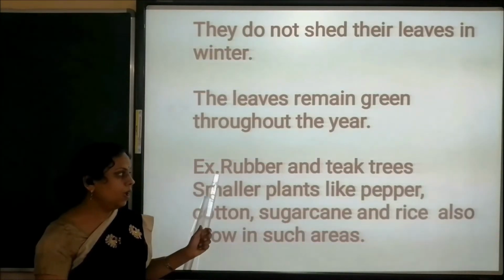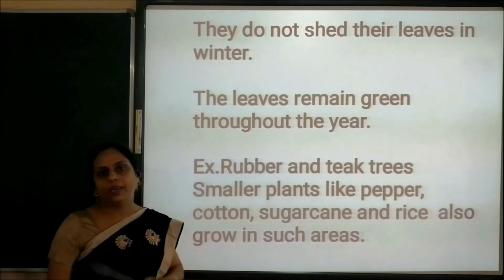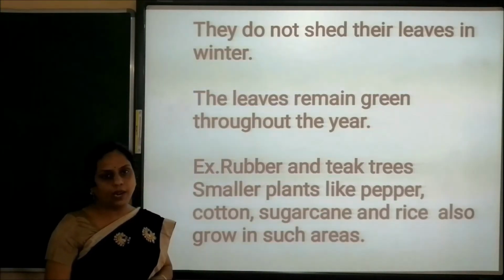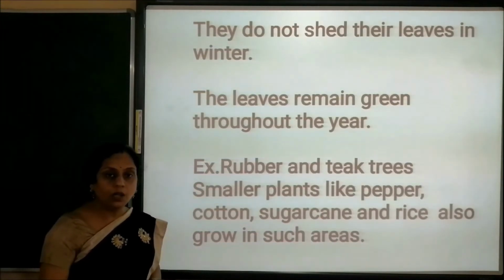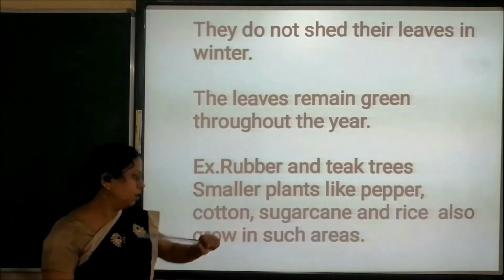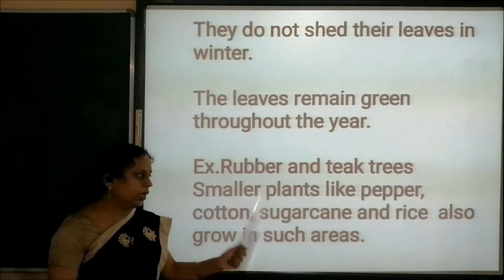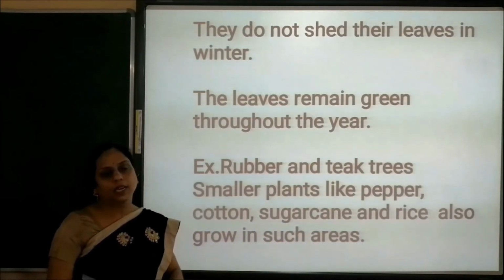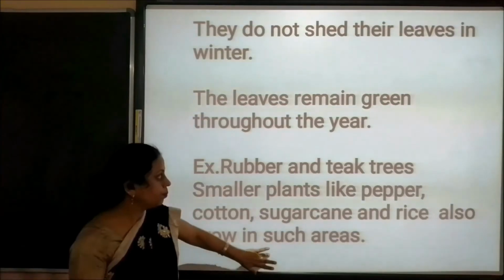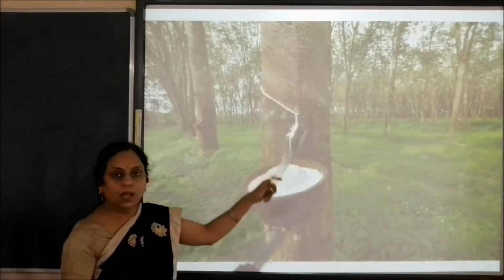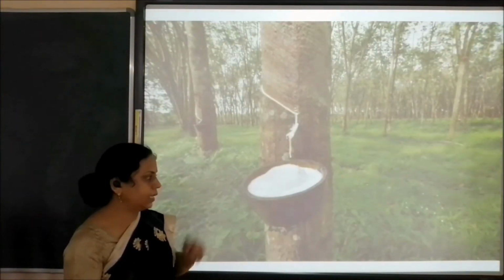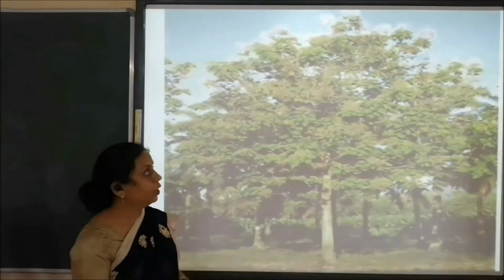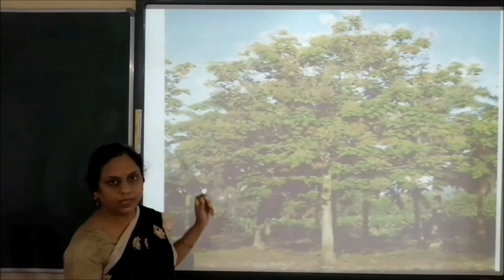For example, rubber and teak tree. They grow in the area of heavy rainfall. Even the smaller plants like pepper, cotton, sugarcane and rice also grow in such areas. See, this is the rubber tree. Rubber is collected this way. Teak tree with lots of leaves, isn't it?